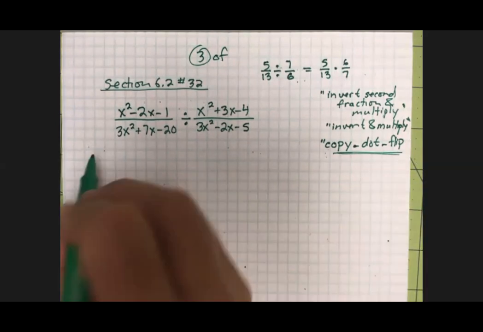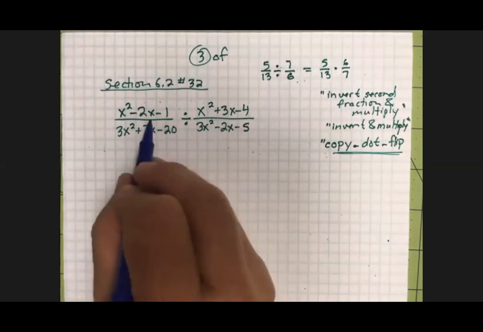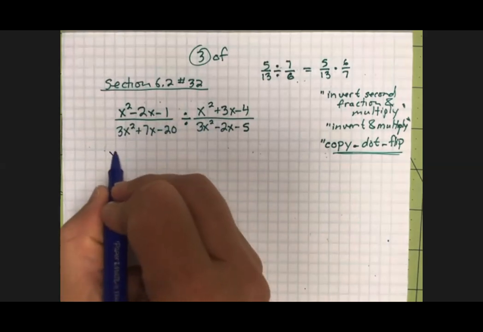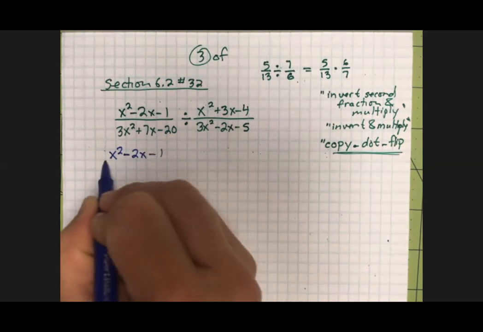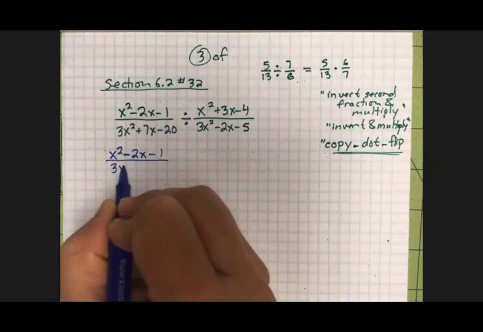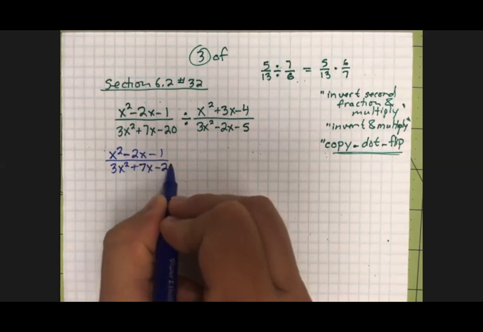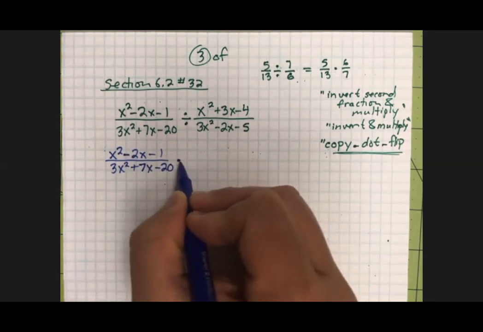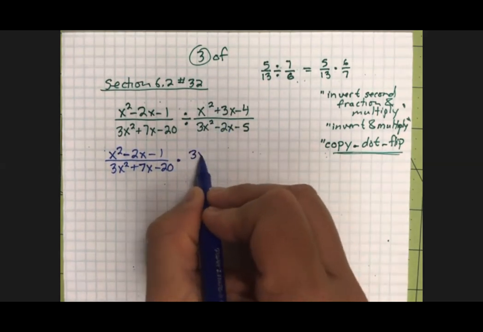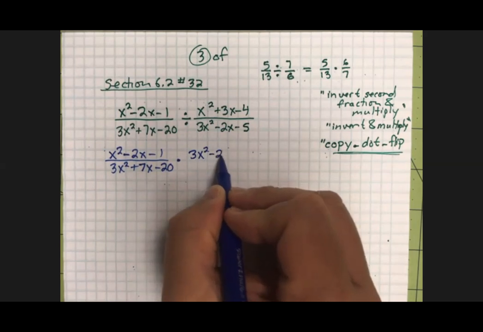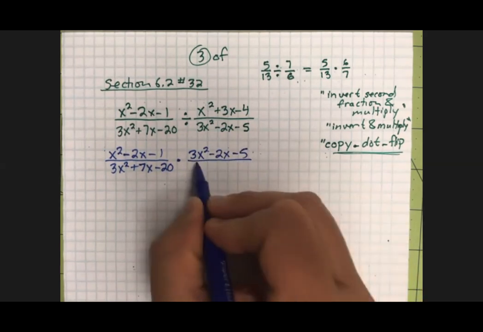Okay, then it's valid. So that's what I'm going to do. If I have to divide two rational expressions, I just copy the first, and multiply by the flipped over version of the second. And if you like to say invert and multiply, that's fine too.